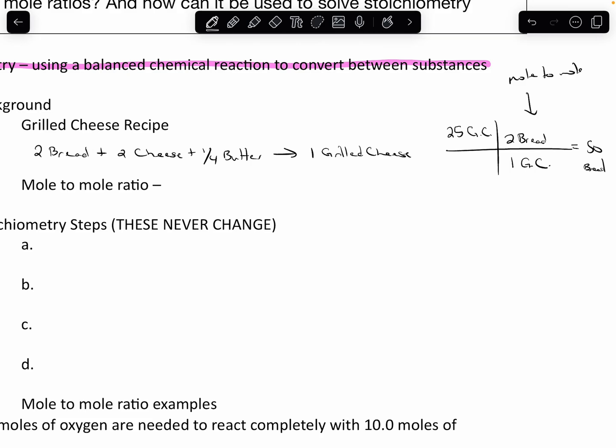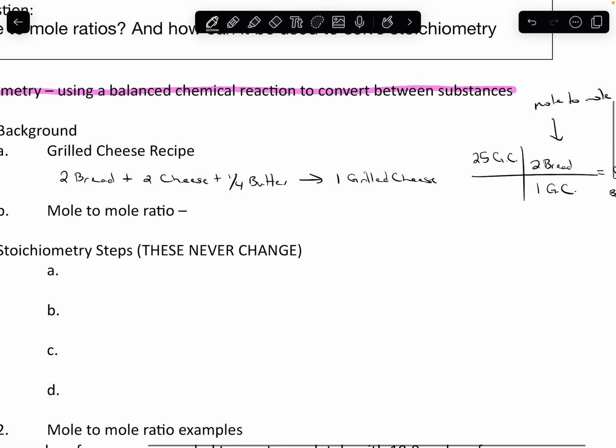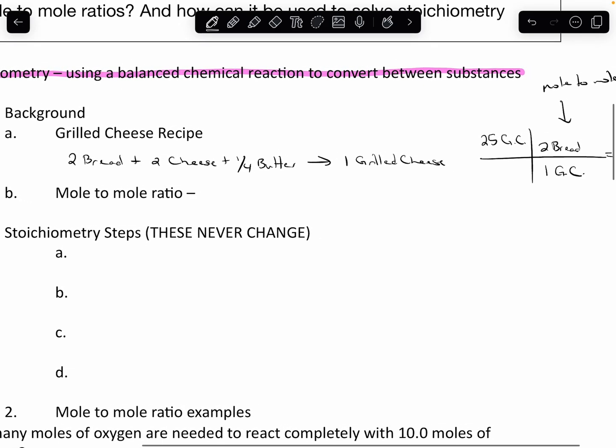For every grilled cheese, I need 2 slices of bread. I also need 2 slices of cheese, and so on. So let's jump into our multimole ratio. This relates two substances in a reaction.